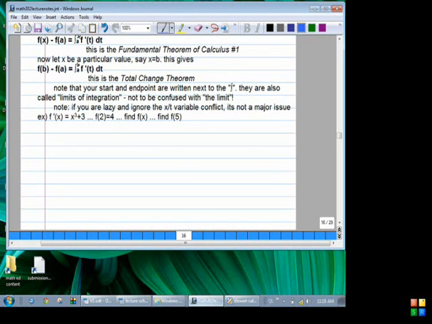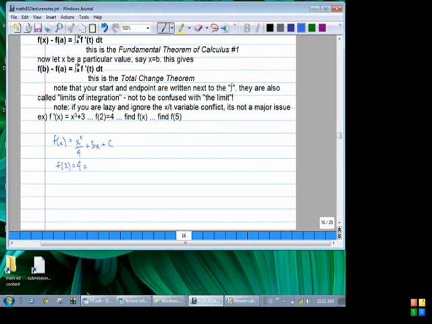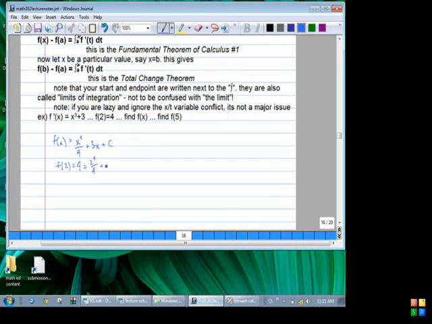So one way to do this is to say f of x equals x to the 4th over 4 plus 3x plus c. And you set x equal to 2, so 4 equals 2 to the 4th over 4 plus 3 times 2 plus c. You solve for c.